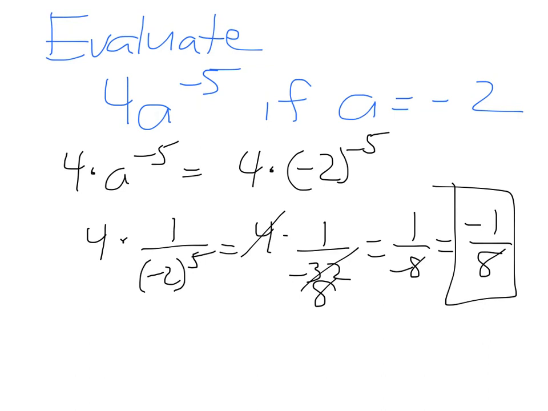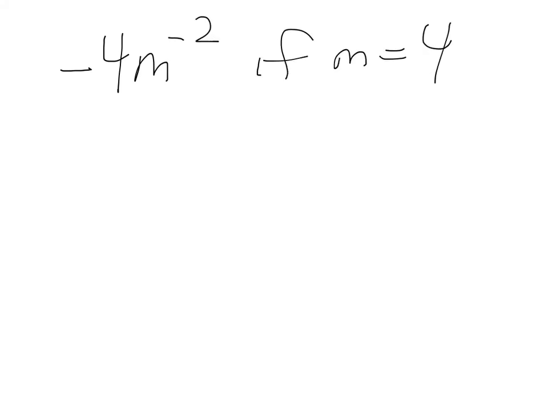Now, take a look at this question. Oh, I can't do that one yet, can I? Never mind, I can't do it yet. We haven't learned that. Can we have another example of that one? Sure, I can do another example. How about we do negative 4 m to the negative second if m equals 4.